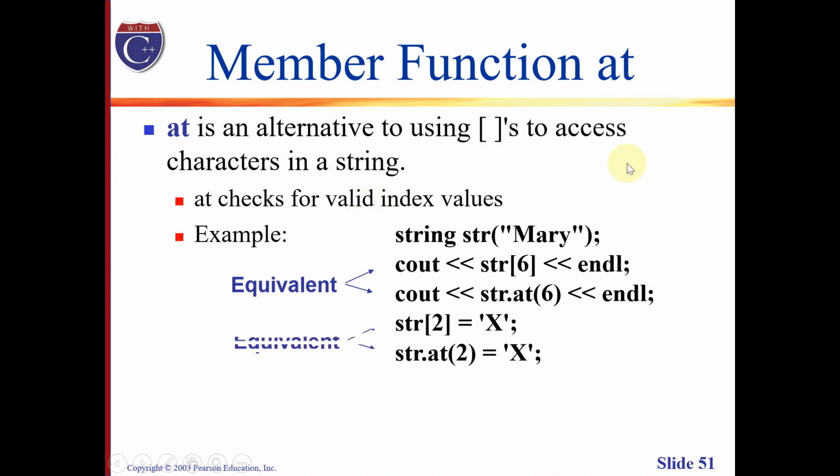For example, we declared here a string variable initialized with the string Mary. Of course, we can output a specific character from the given string using its index value by specifying its index number. And we can also do the same using the following. In this case, we are using the at member function of the string object. And as you can see, they do exactly the same thing.